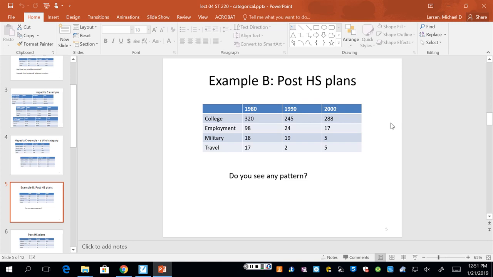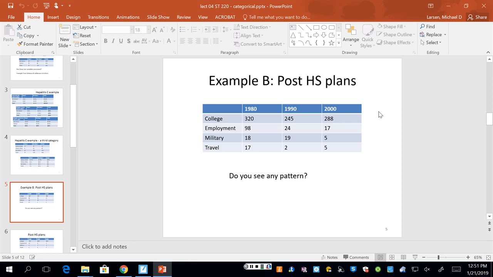The responses people could give were they'd go to college, they'd get some employment, they'd join the military, or they'd travel or do something else. I think travel was kind of more of a catch-all combination thing there. And do you notice any patterns between these over time?